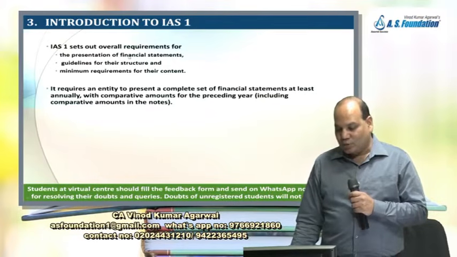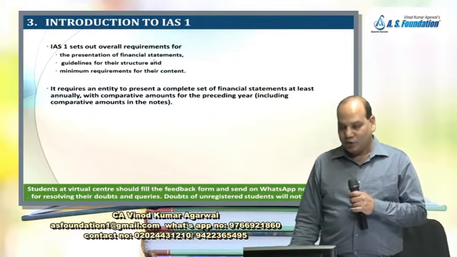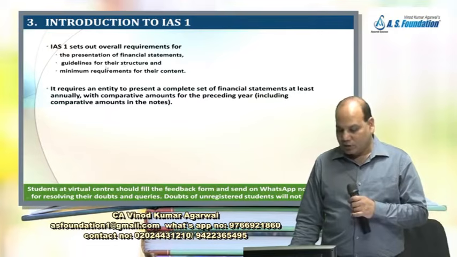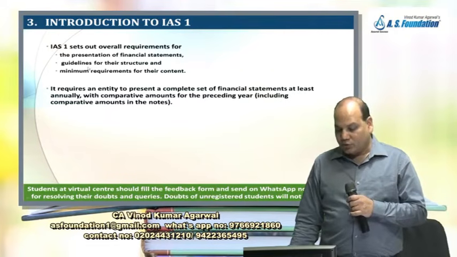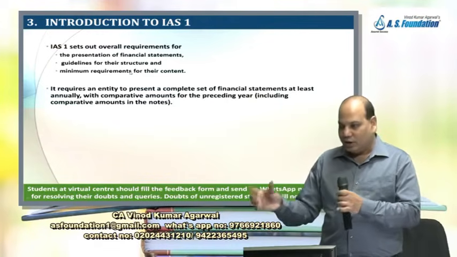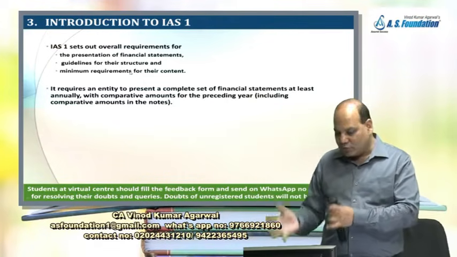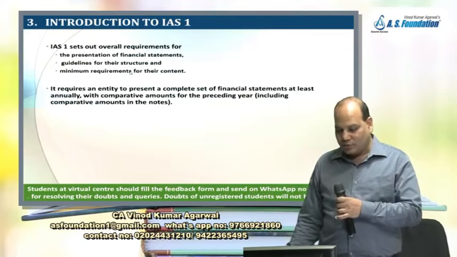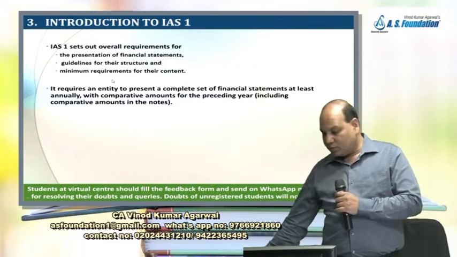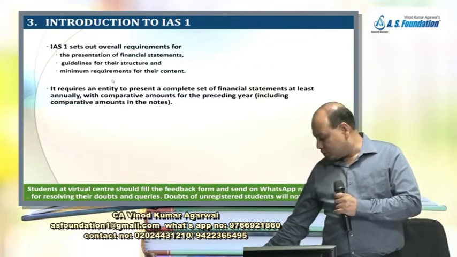IAS 1 sets out overall requirement for the presentation of financial statement. So what is the scope here? We are going to understand presentation of financial statement. IAS 1 will give you guidance for their structure. What are the content, elements, in which sequence, etc. you have to write. And this standard gives you underlying minimum requirement. Minimum means you can give this much at least.